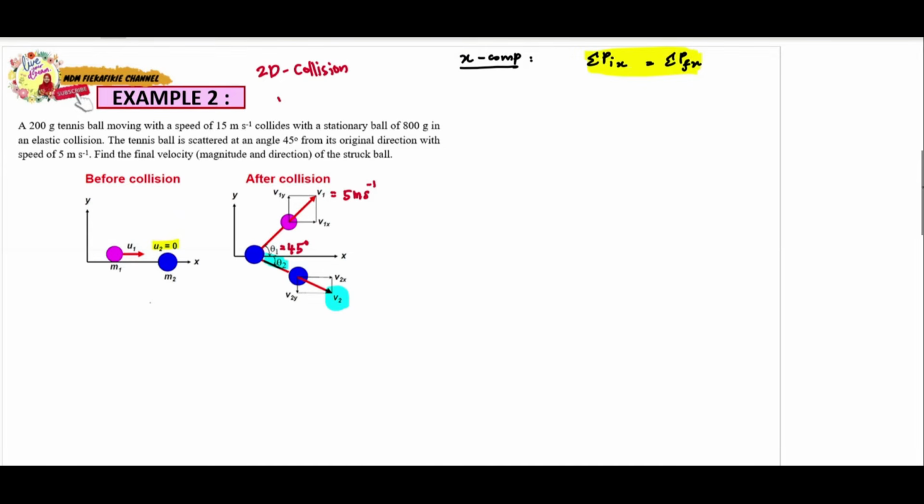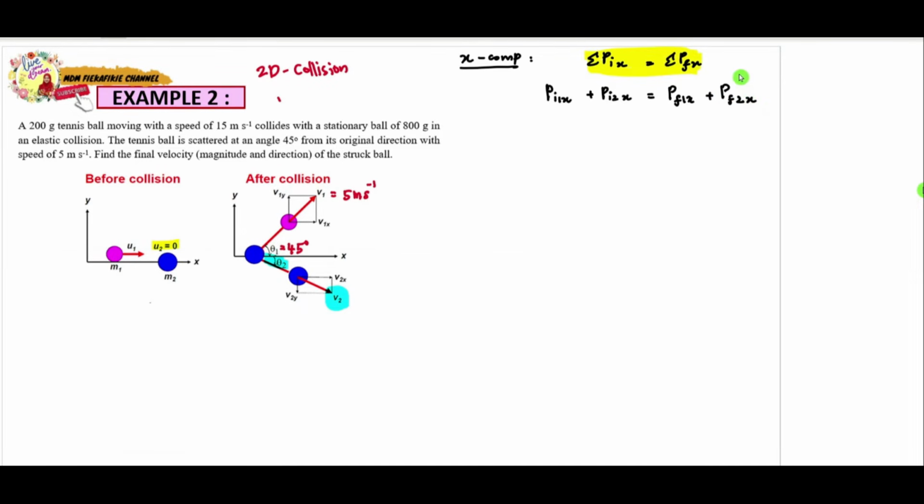And then, kita boleh tulis, since we have two masses, M1 and M2, so kita nak ada momentum initial for mass 1 in X component plus momentum initial mass 2 in X component equal to P final 1X plus P final 2X.